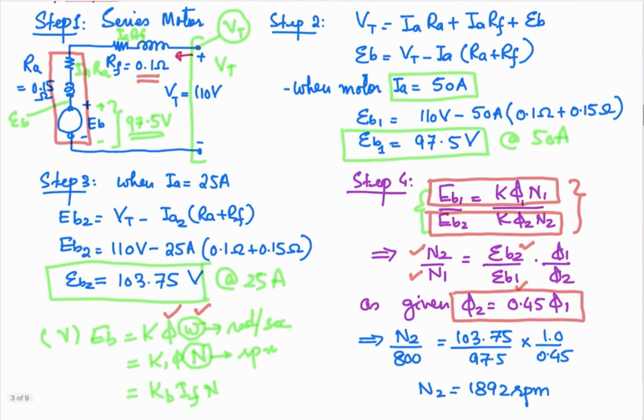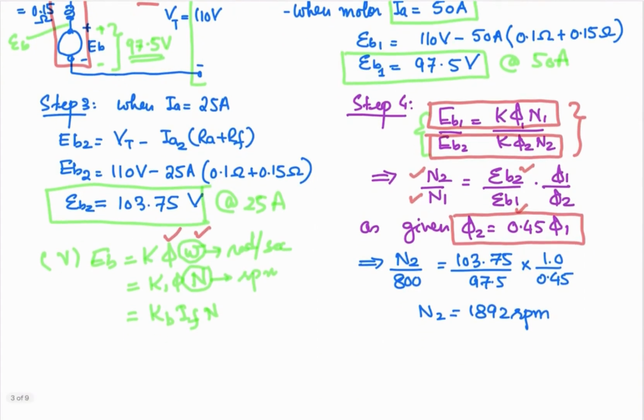Now in the equation from the ratio of back EMFs, if we plug in this phi 2, phi 1 will be cancelled out, along with the back EMF of the high torque. We know the machine was running at 800 RPM, so the new speed will be 1892 RPM from this equation.